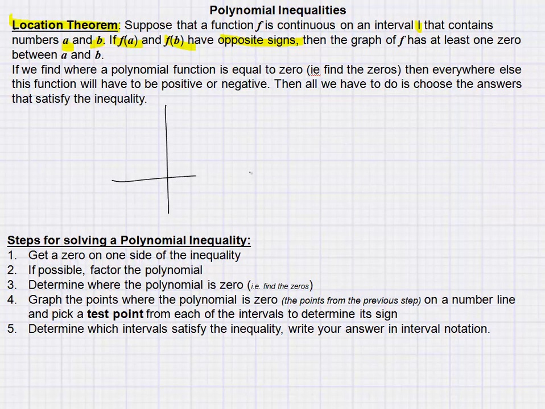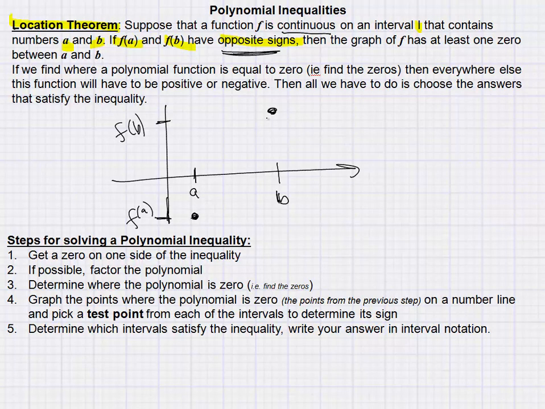If I look at a graph and I look at some interval over that graph, so a to b, if the y value on one end is, say, negative, so I get a point down here, so this would be f of a, and the y value on the other end is positive, so say up here, so that's f of b, so that basically we're saying they have opposite signs, and my function is continuous, which means it's all one solid piece between them, then my graph has to cross the x-axis at least once.